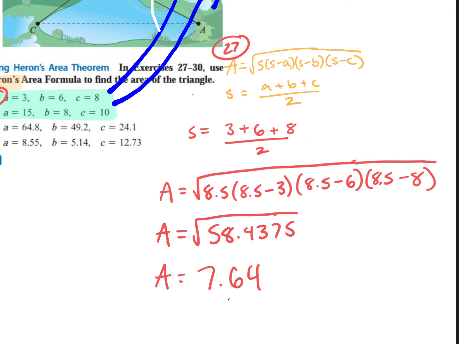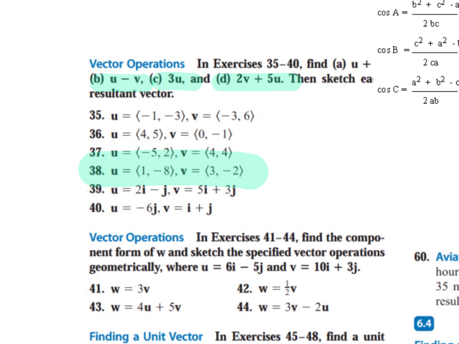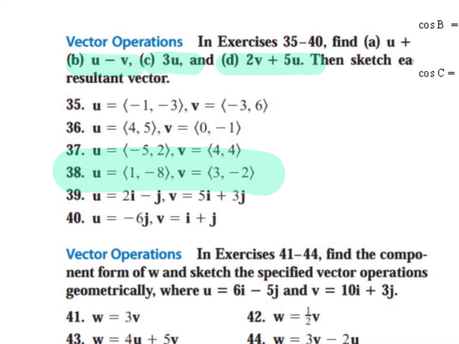So we'll do 38. So it asks us to find, I guess we could just find B, C, and D because A got cut off. So we have to subtract the vectors, multiply by a scalar, and then multiply and add. So for 38, I'll do B first.